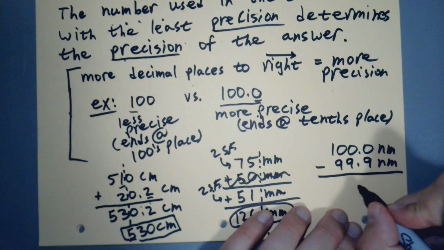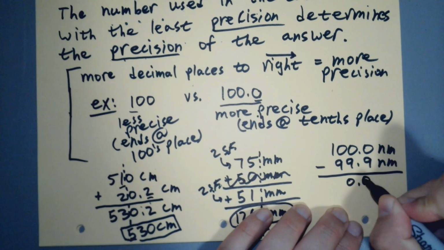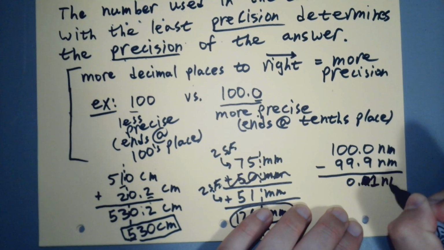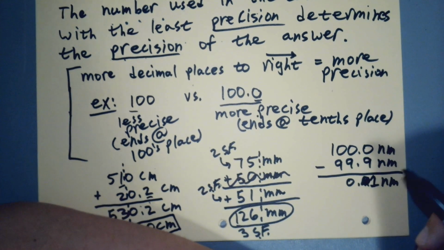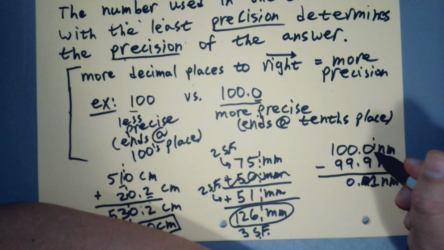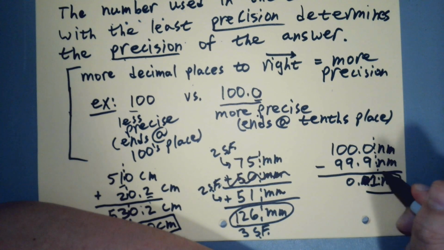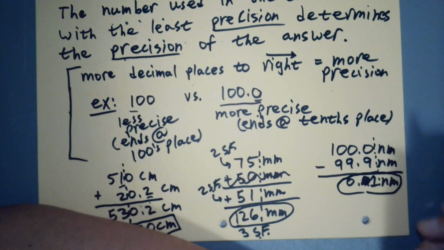Alright, what I get is 0.1 nanometers. And I get to keep that, which is good news, because if I don't get to keep that, what do I get to keep?